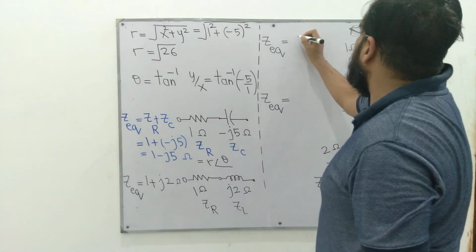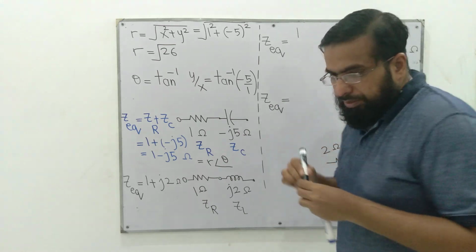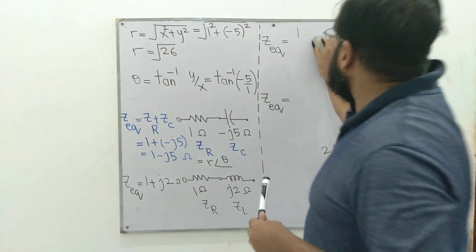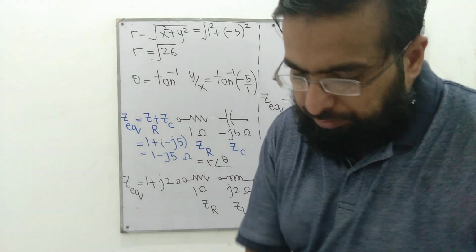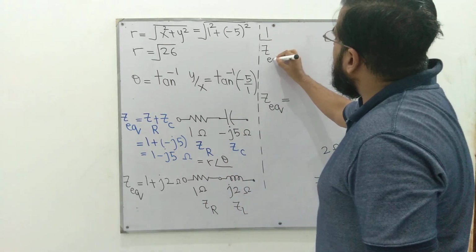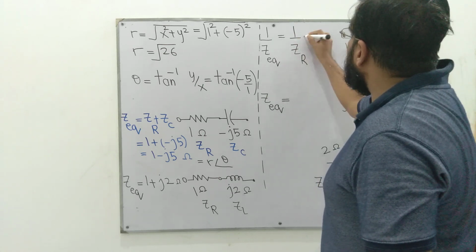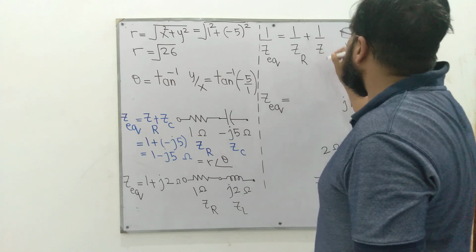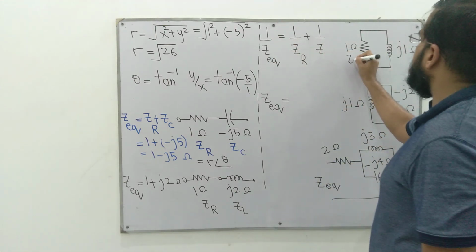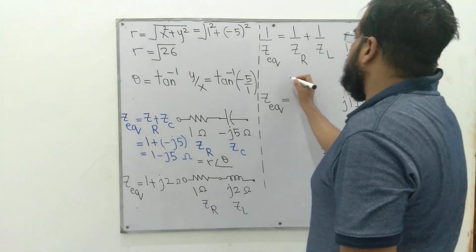So we can write it as, in other words, we have studied that in DC, 1 over R equivalent is 1 over R1 plus 1 over R2. Here we have 1 over C equivalent is 1 over CR plus 1 over CL.